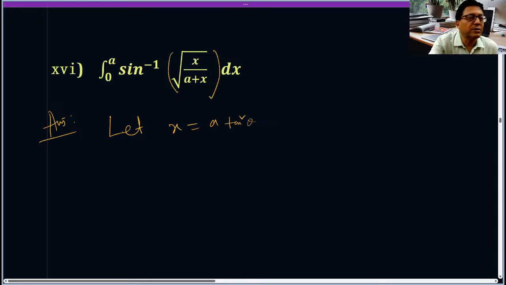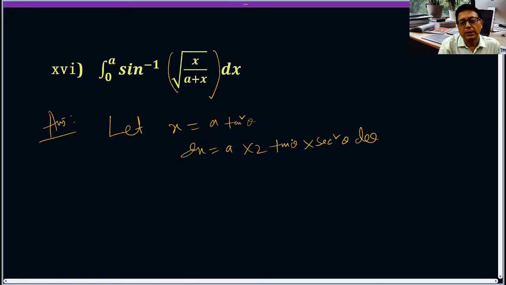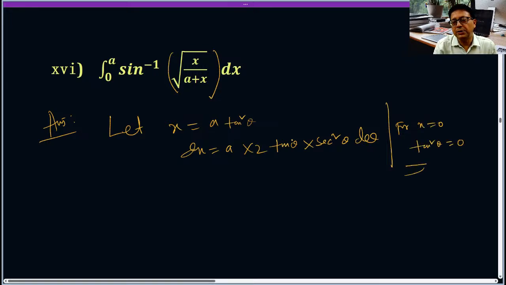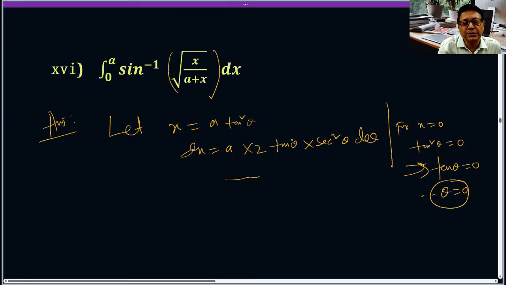Put x equal to a tan square theta. So dx will be what? a into 2 tan theta sec square theta d theta. For x equal to 0, tan square theta 0, tan theta 0, so theta equal to 0. And next one, the upper limit is what? x equal to a.